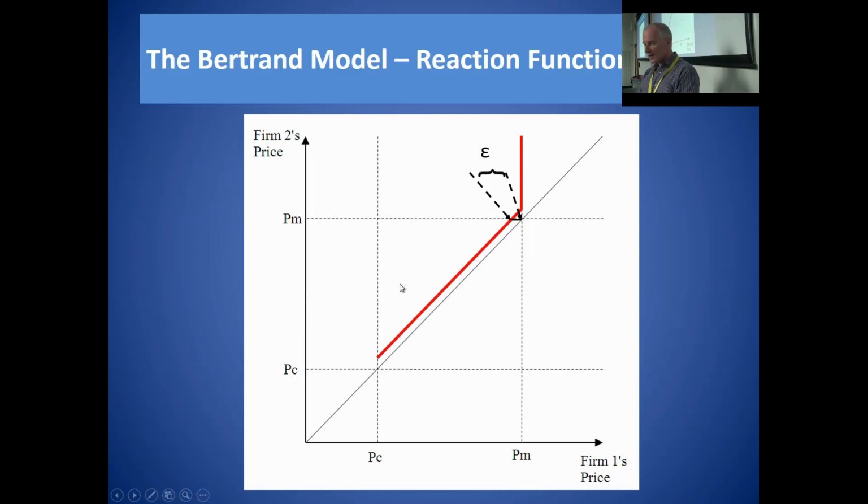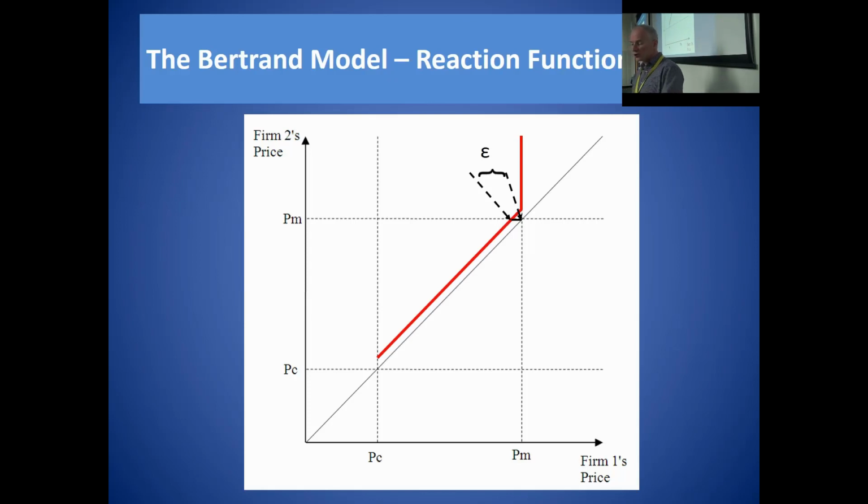Well, let's take this all the way down now to get to that price of PC. If firm 2 charges the price of PC, what's the optimal response from firm 1? Should it just try and undercut its rival? Well, the answer is no, given what we said before. A firm would only want to charge a price if it's not less than the marginal cost of production.